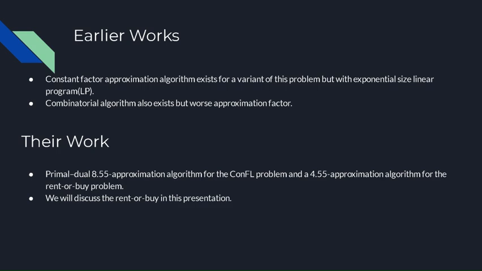In this paper, the authors have suggested a primal-dual algorithm with an 8.55 approximation ratio for the ConFL problem, and a 4.55 approximation algorithm for the rent or buy problem. In this presentation, I will only discuss the rent or buy problem in detail. The rest can be found in the paper.